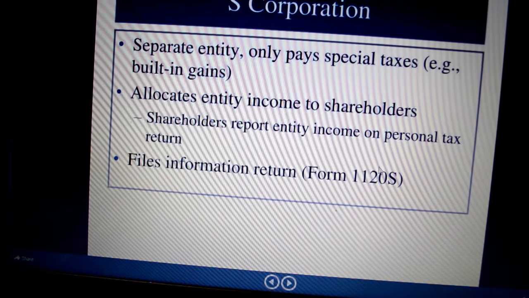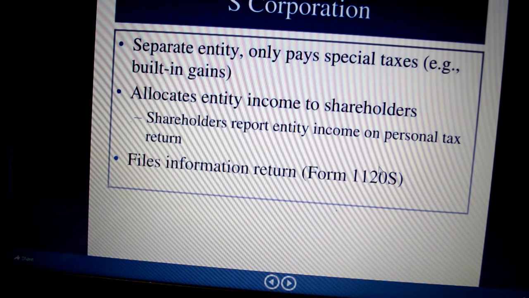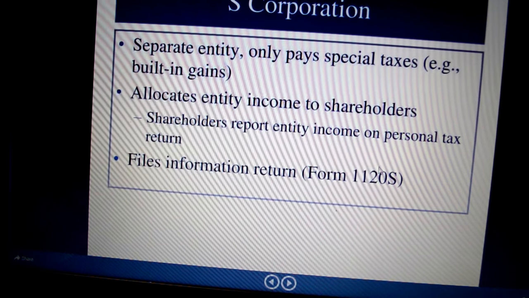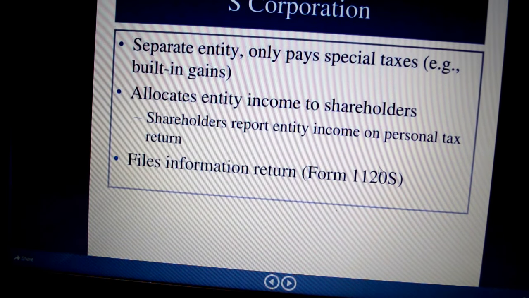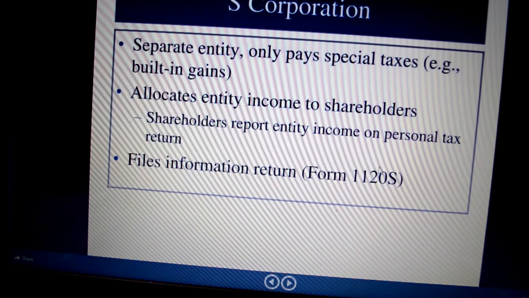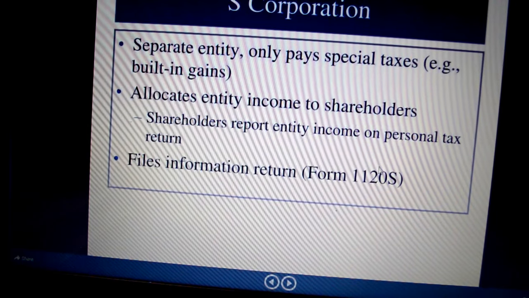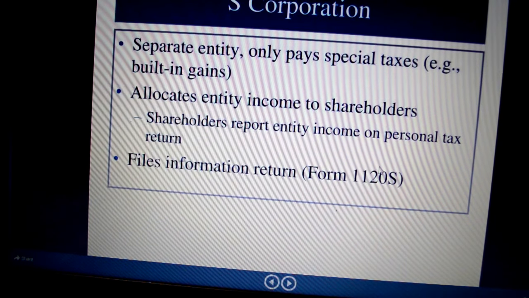Certain items flow through to the shareholders and retain their separate character when reported on the shareholders' returns. The S corporation ordinary business income or loss and separately reported items are allocated to the shareholders according to their stock ownership interests.